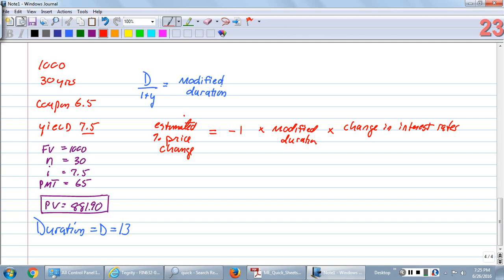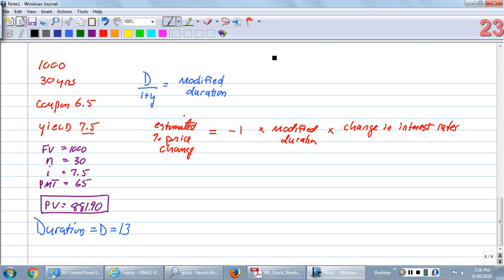-1 times modified duration times the change in interest rates. Right? Now, you actually have this on page 521. I think you're going to appreciate how I've written it here, because I have written it different than your textbook did.